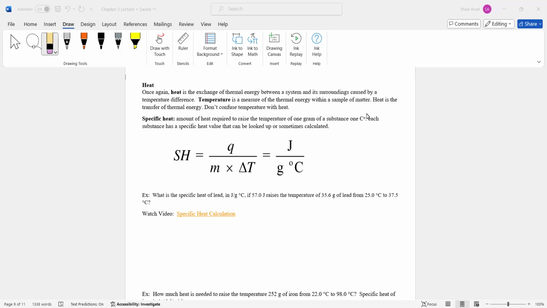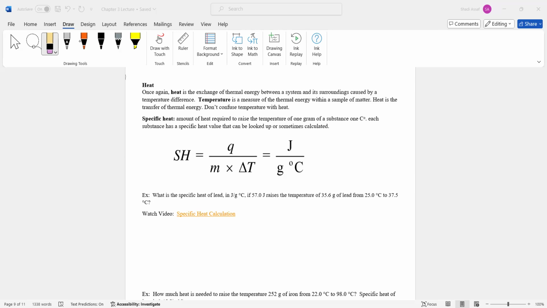So, temperature would tell us how much thermal energy is in that sample or in that system. So your hands obviously are a higher temperature than the ice cube. That means heat is going from your hand to the ice cube. So once again, make sure you understand the difference between these two concepts.